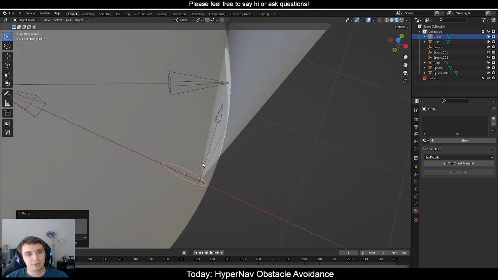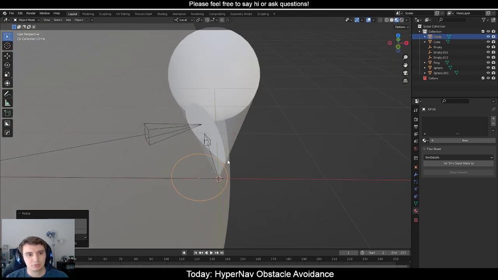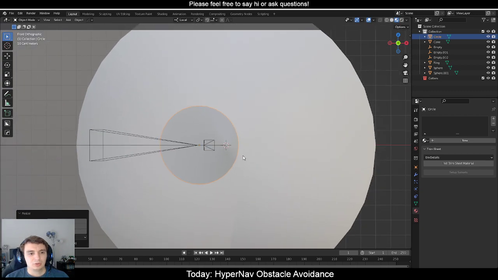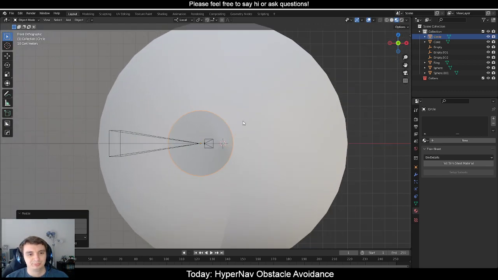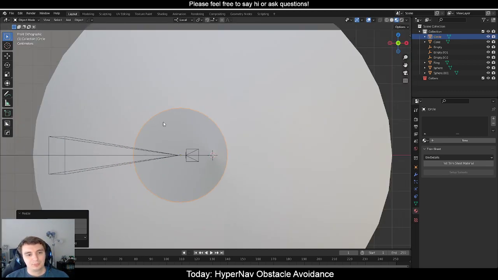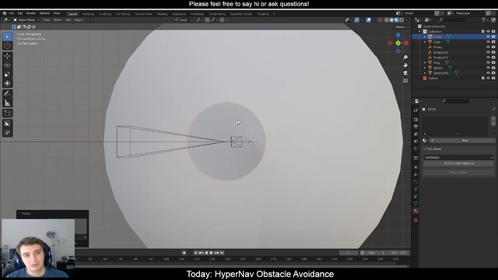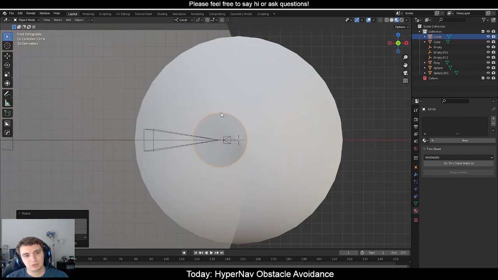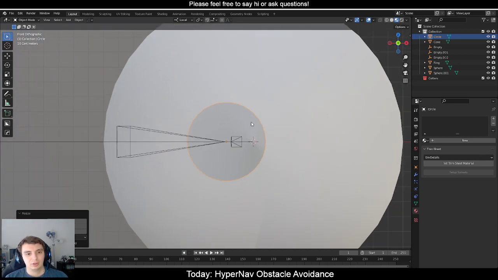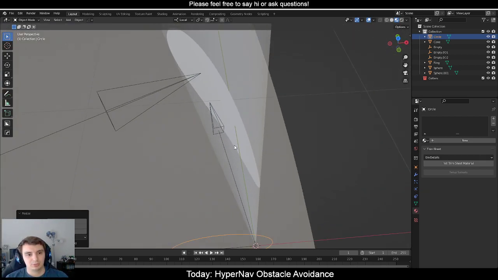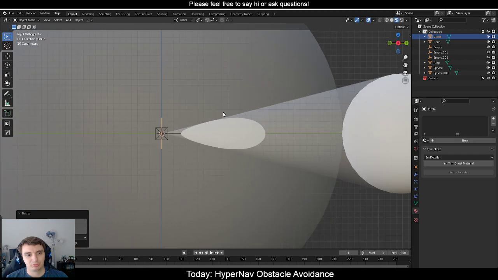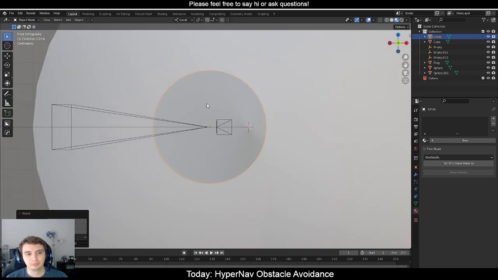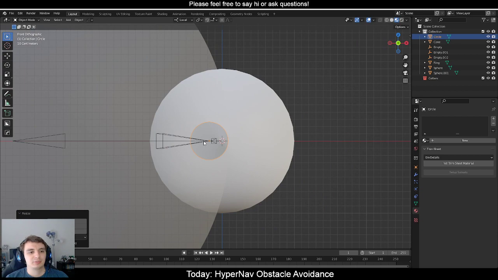So we're looking from the origin or from our position towards the target position. And there is a circle in our space that either contains this vector or it does not.